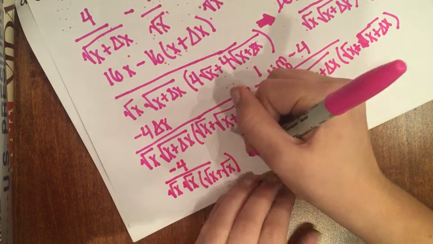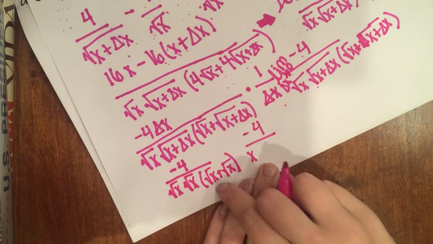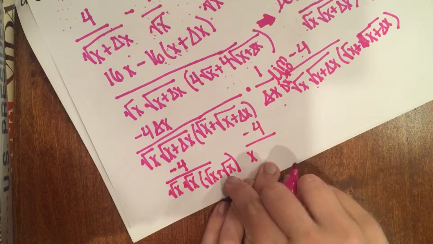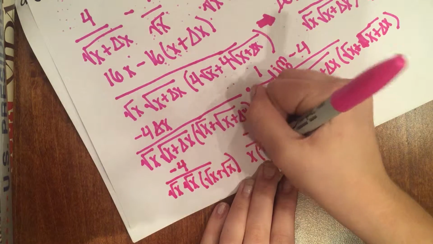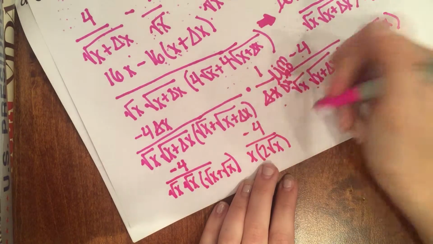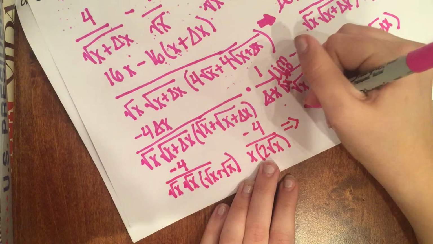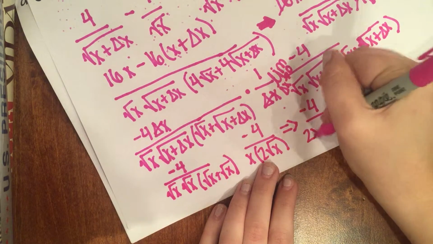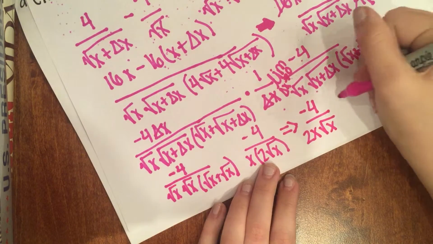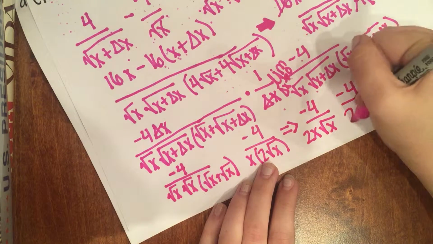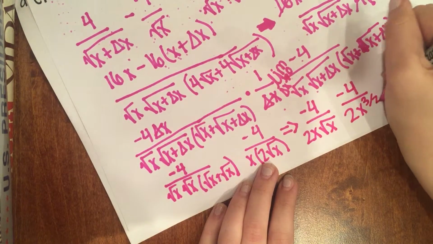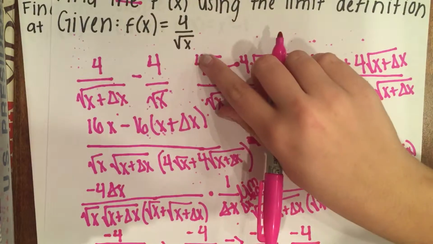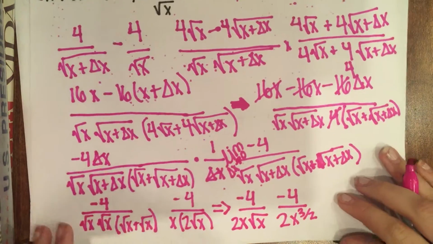So I have negative 4 over x, and then root x plus root x would be just 2 root x. So I have x times 2 root x. So I finally end up with negative 4 over 2x root x, which is the same thing as negative 4 over 2x to the 3/2, which is the derivative of 4 over root x.